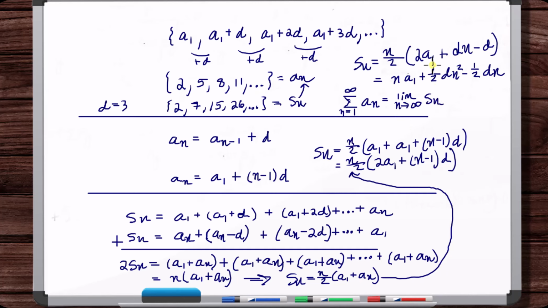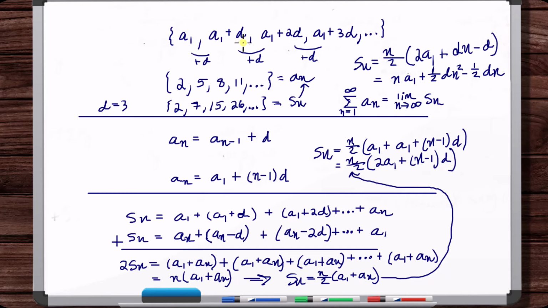Well, you can imagine just intuitively this limit's going to go to infinity or negative infinity. If your d is positive, the limit's going to go to infinity. If your d is negative, the limit's going to go to negative infinity for both the s sub n and the a sub n. Because for a positive d, you're continuing to add, so at infinity, you're saying a1 plus infinity times the common difference.